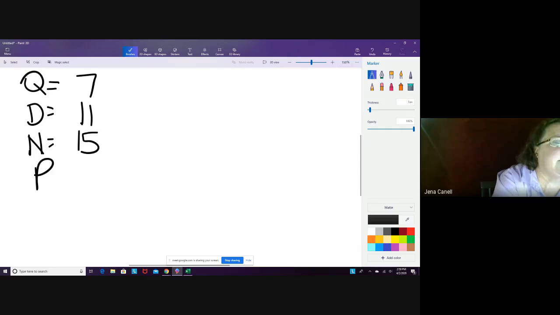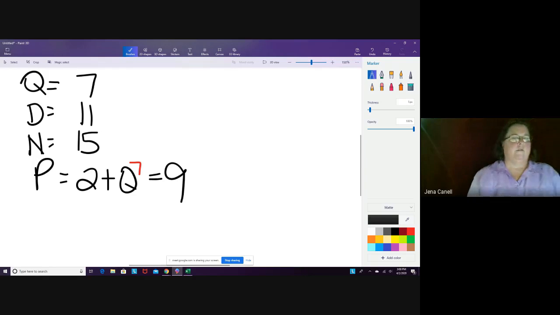For pennies, she has 2 plus the quarters. Well, we know that quarters equals 7, right? Because we see that up at the top. So then we should know that we have 9 pennies. She's got 2 more than what she has for quarters.